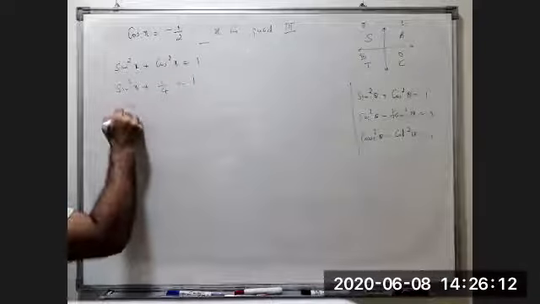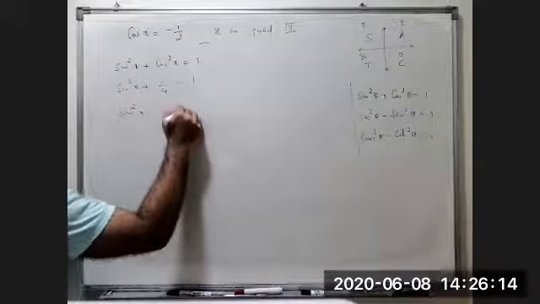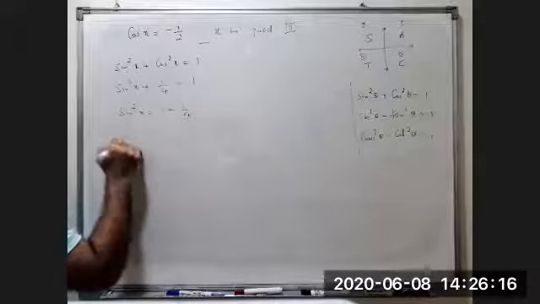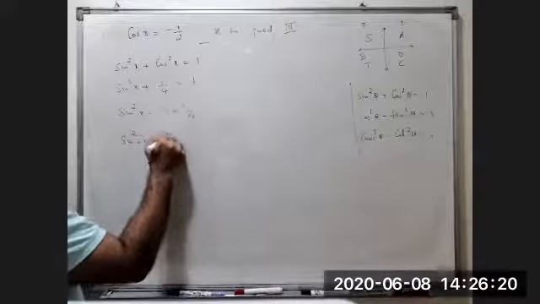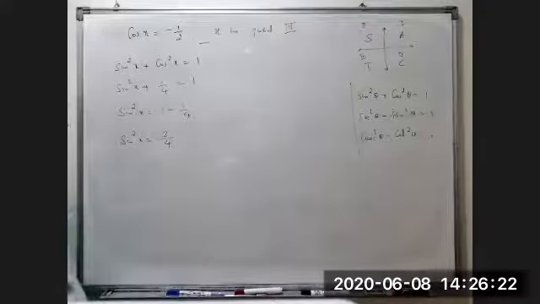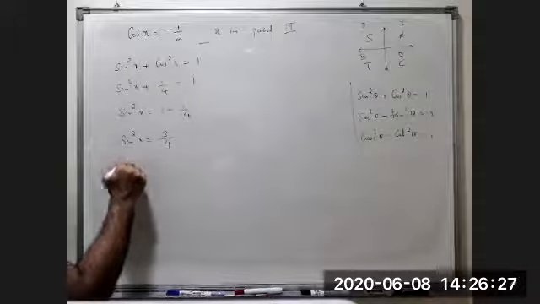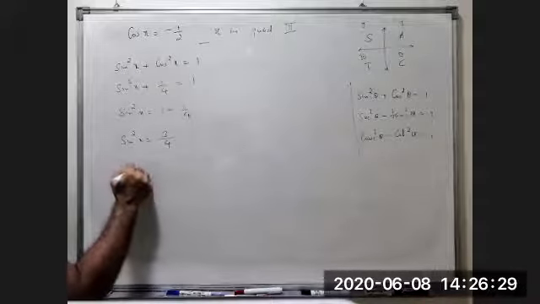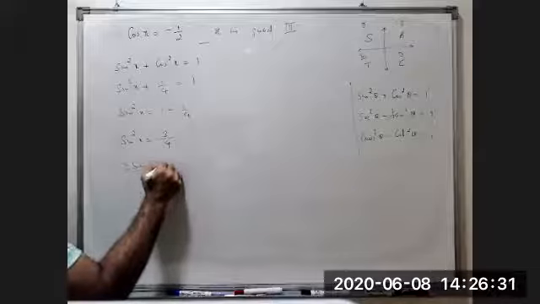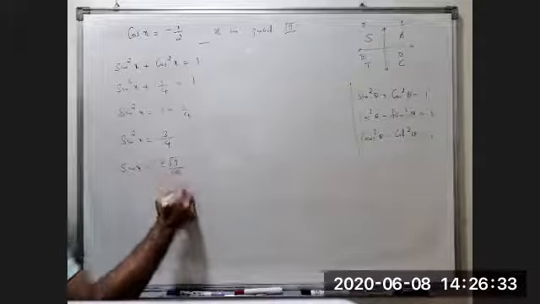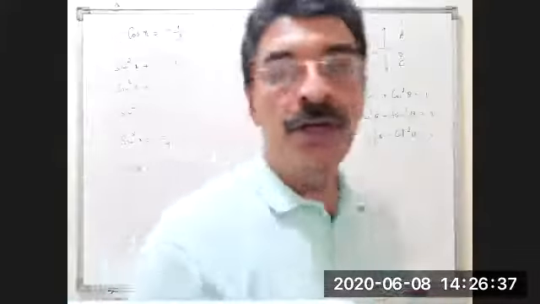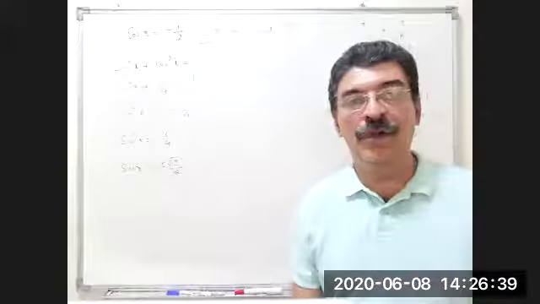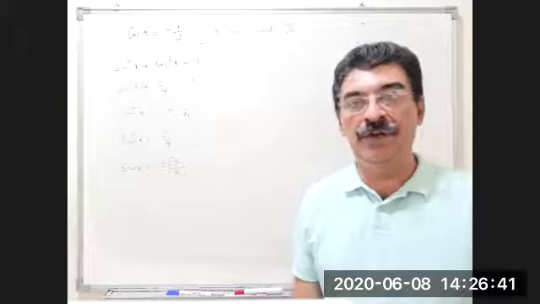From this, sine square x is 1 minus 1 by 4. 4 minus 1, 3 by 4. If sine square x is 3 by 4, sine x will be plus or minus root 3 by 2. Whenever we find a square root, we have plus or minus, positive square root or negative square root.